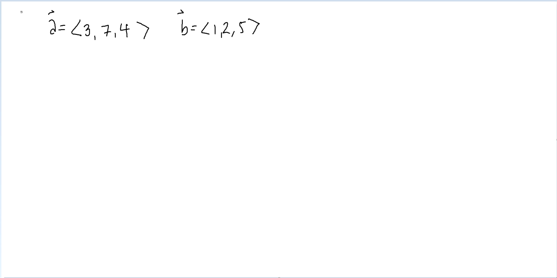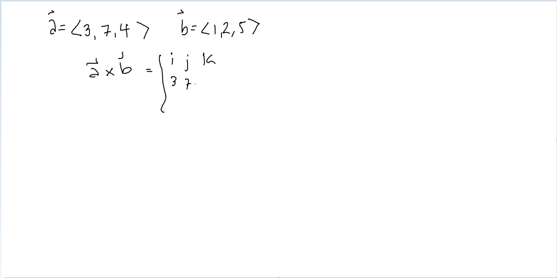Okay, so we have our A vector and our B vector, and what we want to do here is A cross B. So A cross B is going to look something like this. And we're going to draw out all three because we are practicing, setting ourselves up for success.